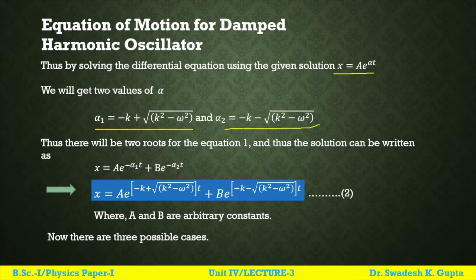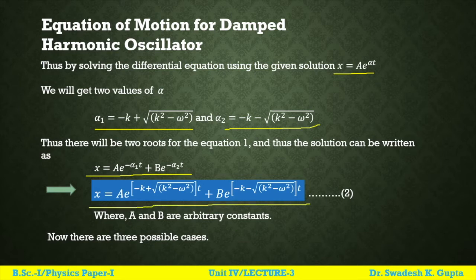Because we have two values of alpha, we will have two roots of the differential equation, and so the solution can be written in this form, and then putting the value of alpha we will get this final equation.